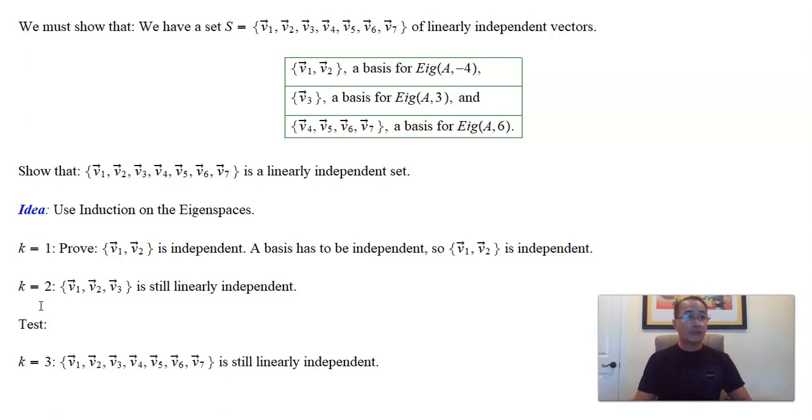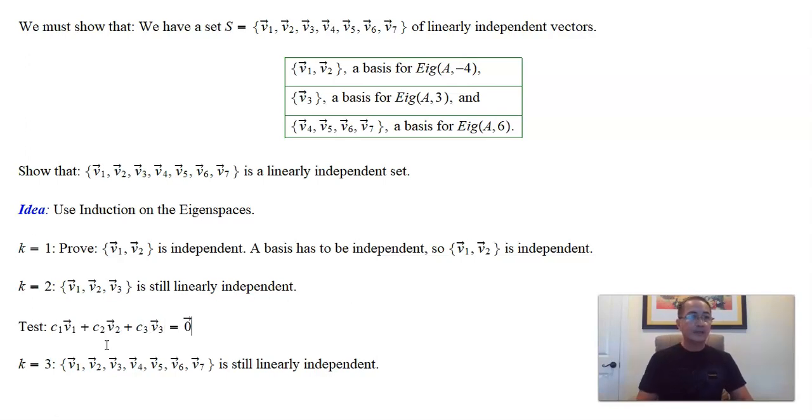So, assemble the test equation: C1 b1 plus C2 b2 plus C3 b3 has to be the 0 vector. So it must be the 0 vector.